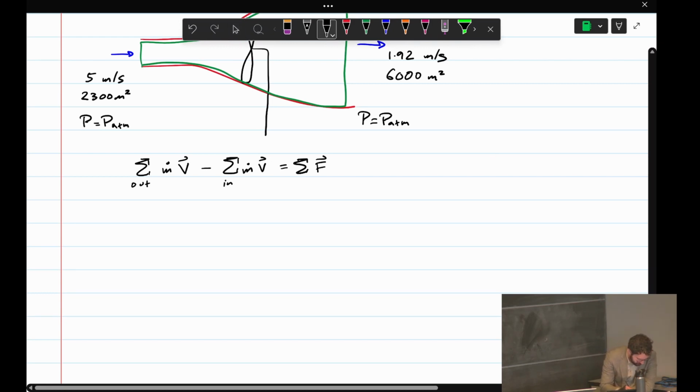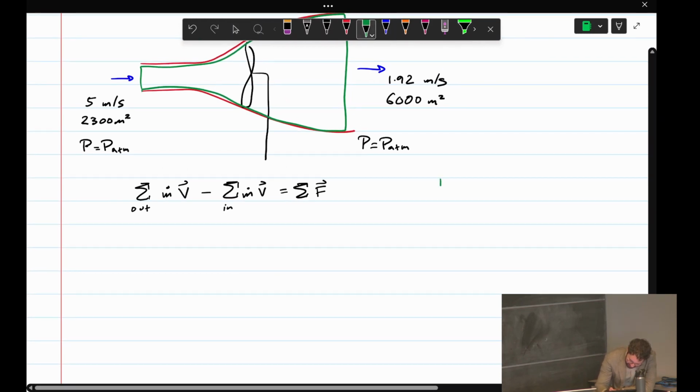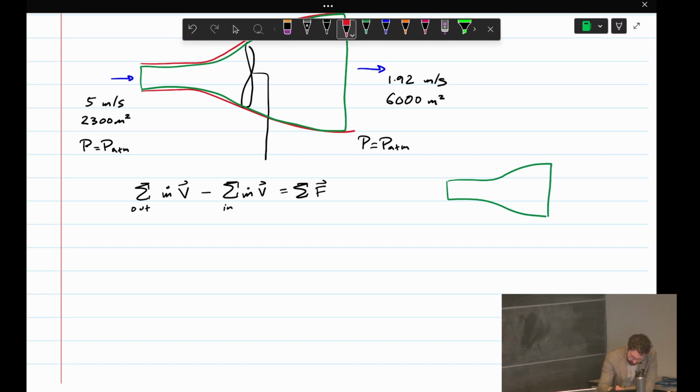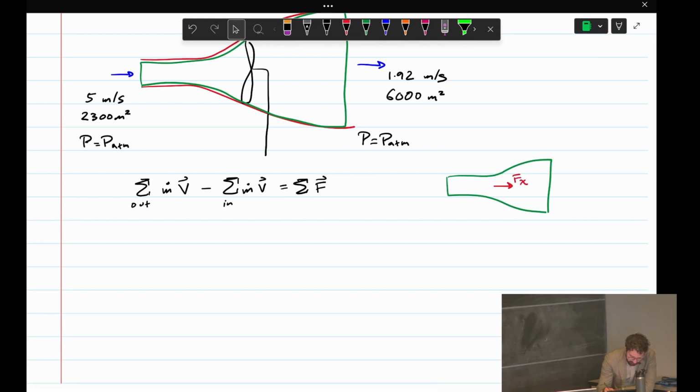So the first thing we do is draw a free body diagram of our control volume. So there's some force X being applied.